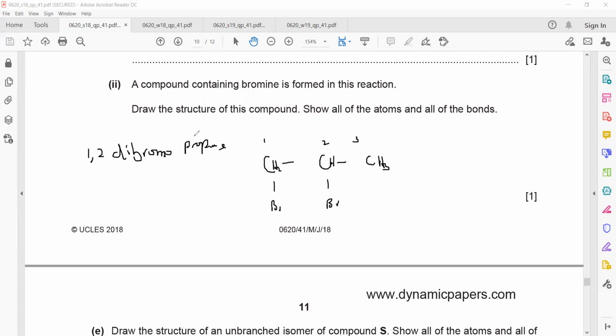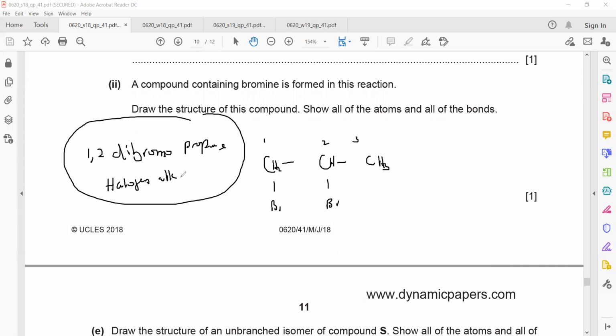And this is generally called, the general name of these compounds which are having halogen and a carbon single bond. These are known as halogen alkanes. And there are different types of halogen alkane, like some have 2 halogens attached, some have 3 halogens attached, some have 4 halogens attached.